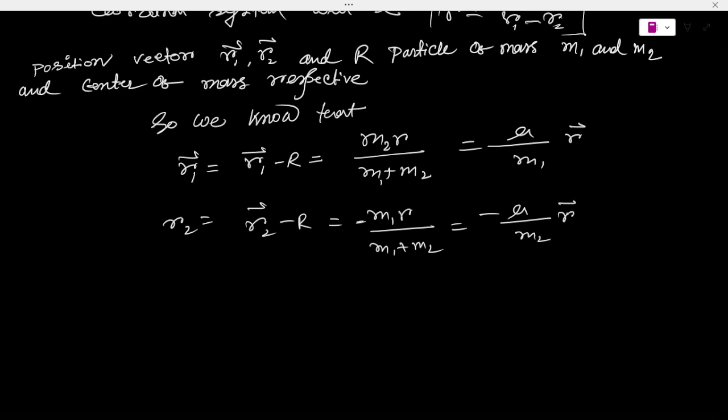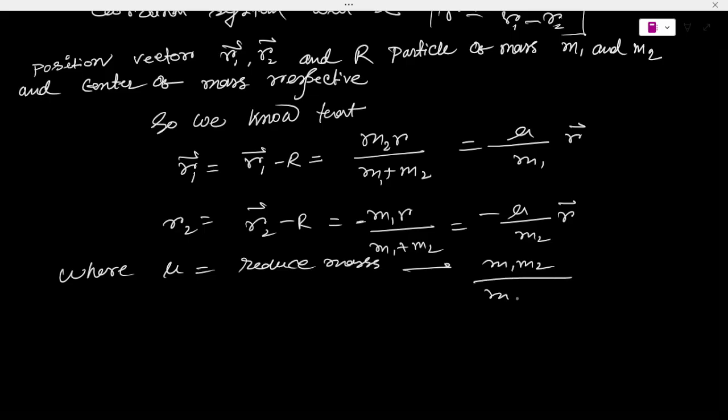Where nu is the reduced mass, equal to m1 m2 divided by m1 plus m2.